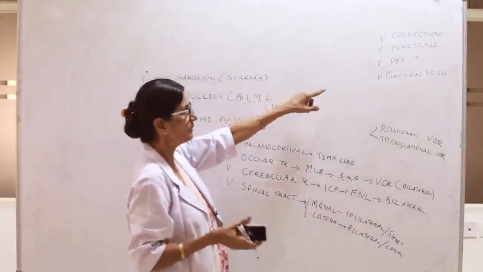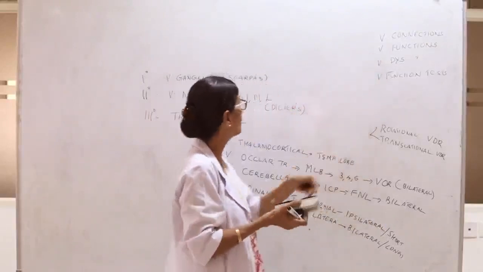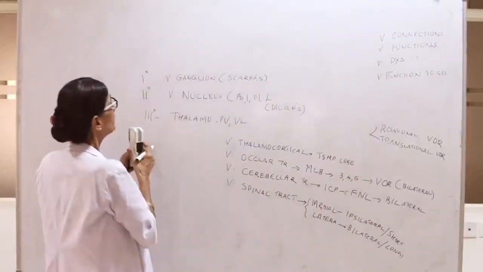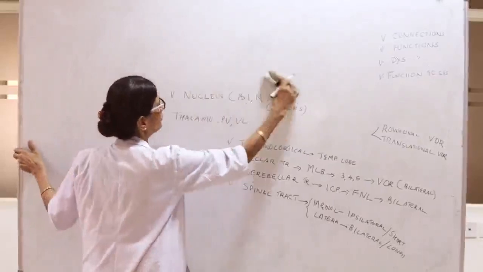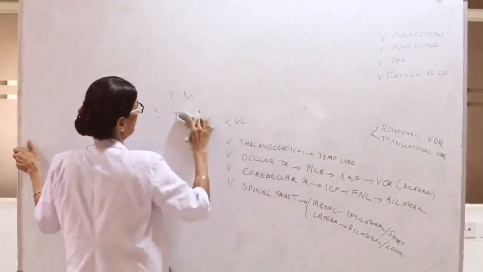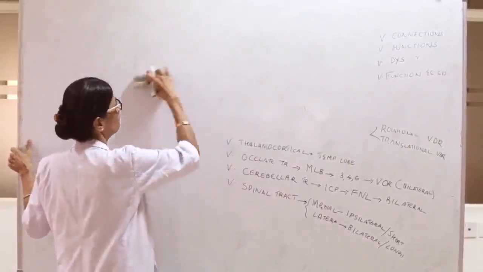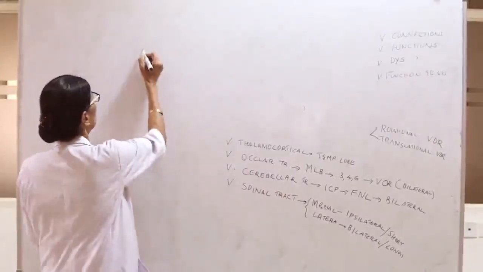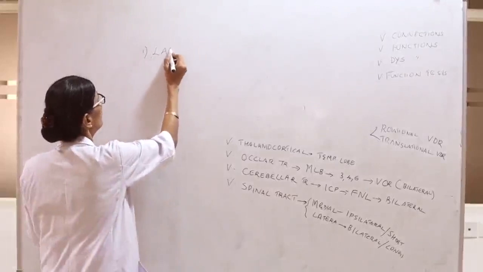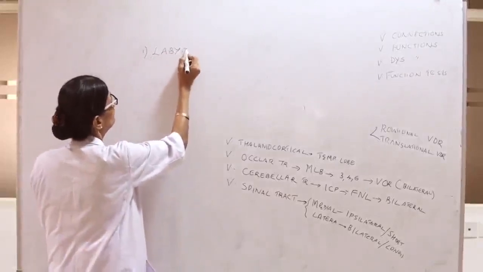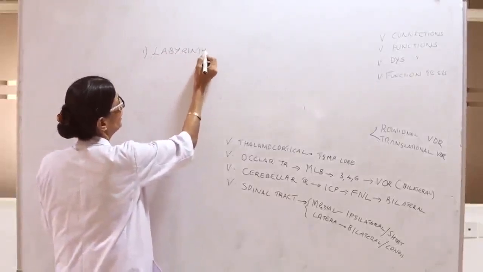So that is nystagmus. Coming to vestibular dysfunction, we have different types of dysfunction in the case of the vestibular apparatus. The first one is labyrinthitis, which is the inflammation of the labyrinths.